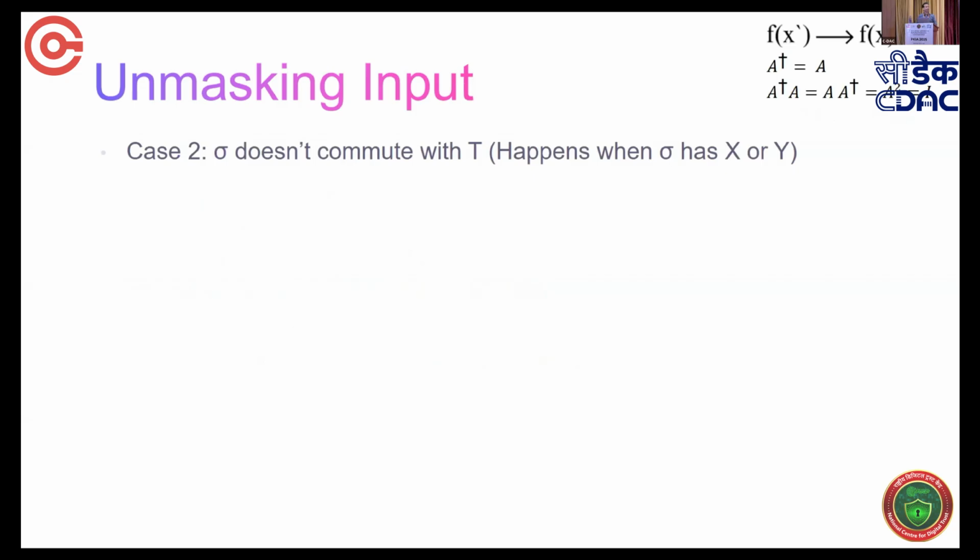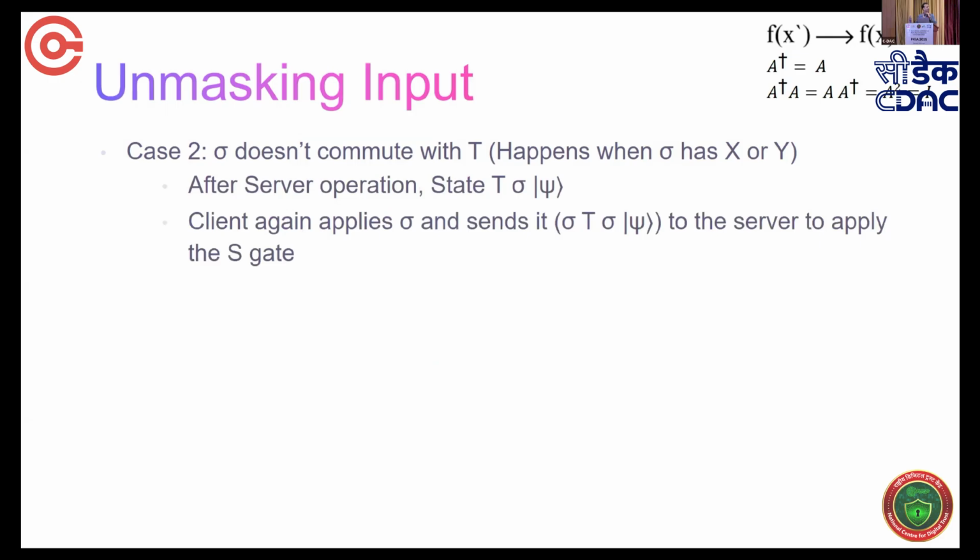Another case is when the commutation doesn't work. Then the client will take whatever input it got from the server, that T sigma psi, and again apply sigma on that. The same sigma it will apply. So now it will become sigma T sigma ket psi.